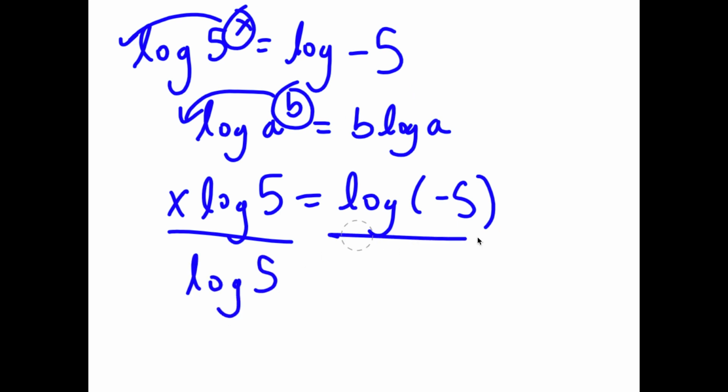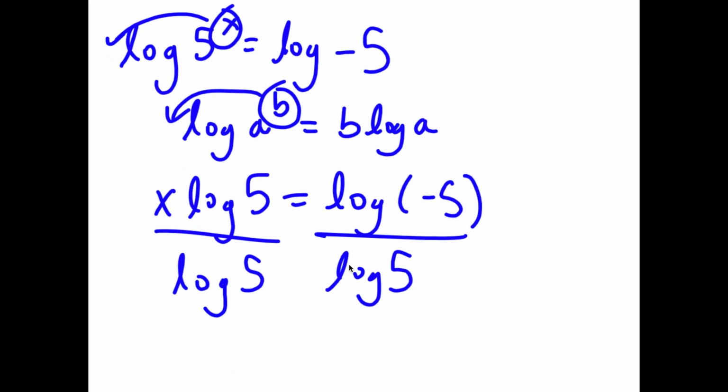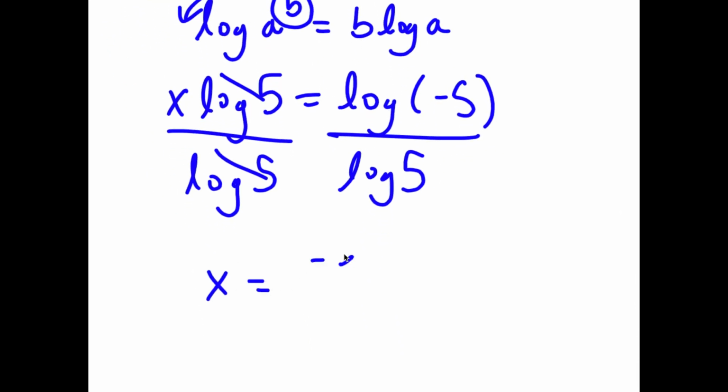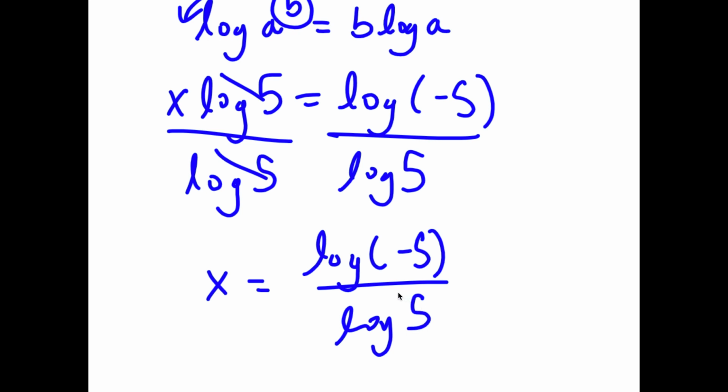And now if I divide both sides by log 5, these two cancel out, and I get x is equal to log of negative 5 over log 5.